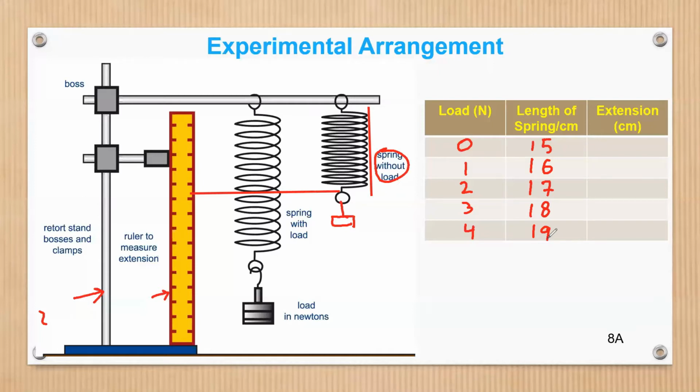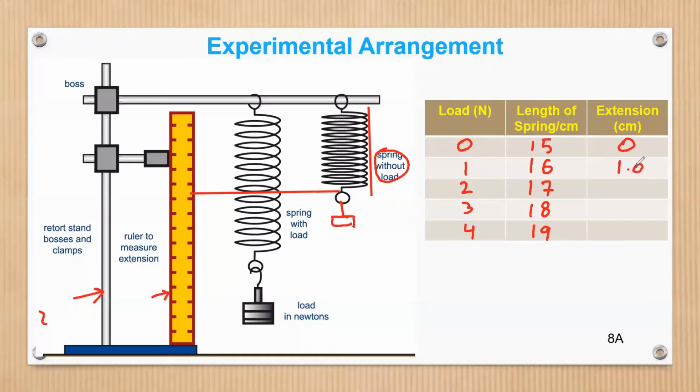So initially, the load is 0, so 15 minus 15, that's going to be 0. So extension will be 0 for the 0 newtons load. But in case of 1 newton, 16 minus 15, the extension is going to be 1 centimeter.